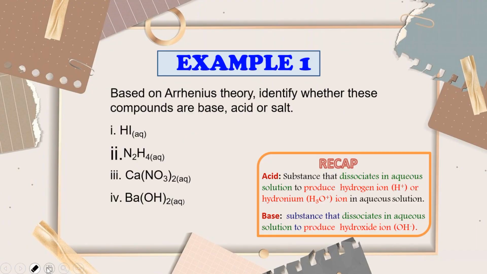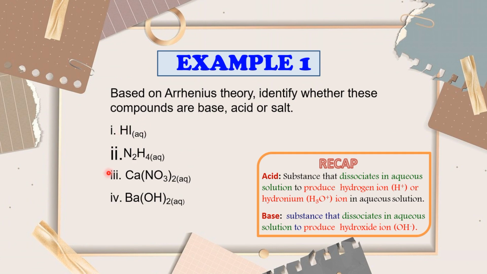Now we take a look at the first example, a question based on Arrhenius theory. Identify whether these compounds are base, acid, or salt. We recap: an acid is a substance that dissociates in aqueous solution to produce H plus ion, whereas a base is a substance that dissociates in aqueous solution to produce hydroxide ion.